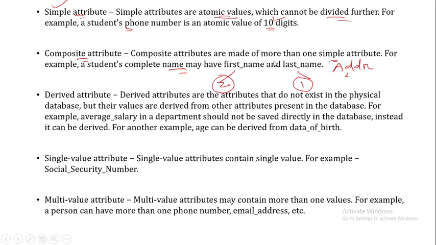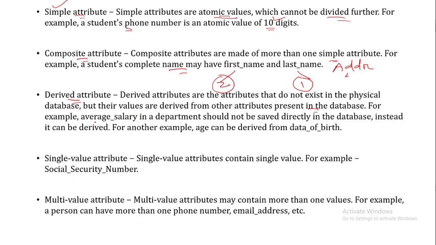Next comes derived attributes. What are derived attributes? These are attributes that do not exist in the physical database, but their values are derived from other attributes present in the database. They don't exist in the database, but whenever there is a requirement, we take the existing attributes and derive that attribute from them.